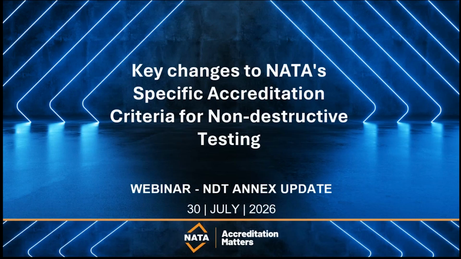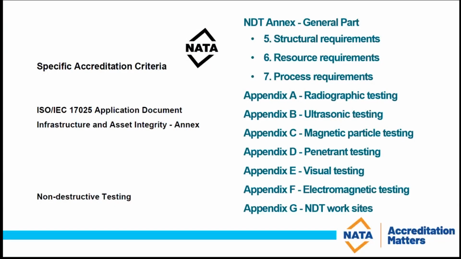Okay, I'm going to the next slide now. I just want to give a quick overview of the structure of the NDT Annex. Hopefully you have all seen it. As with all our criteria documents, the clause numbering is aligned with the clause numbering in 17025.